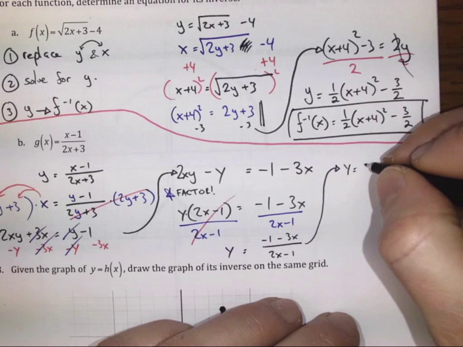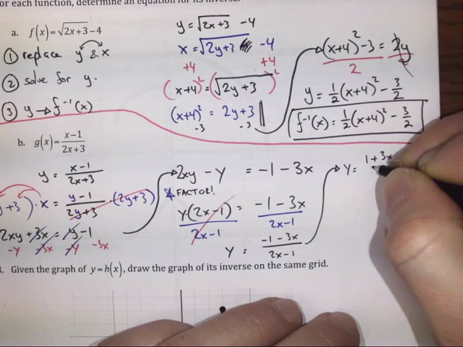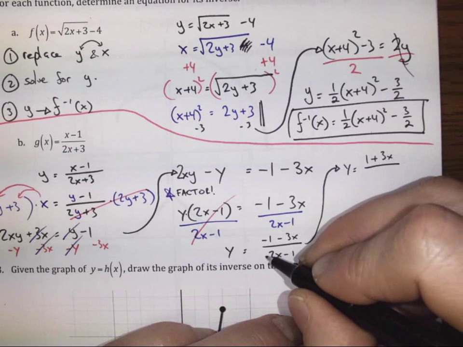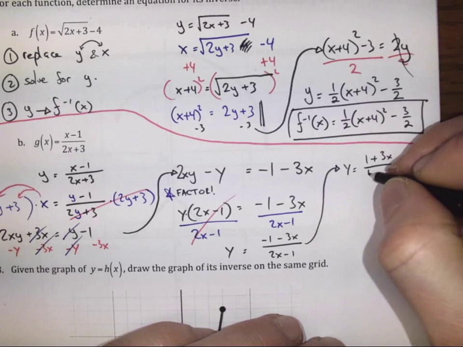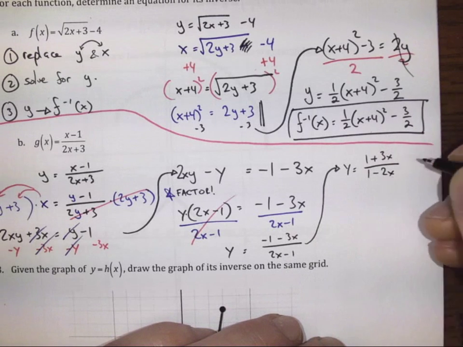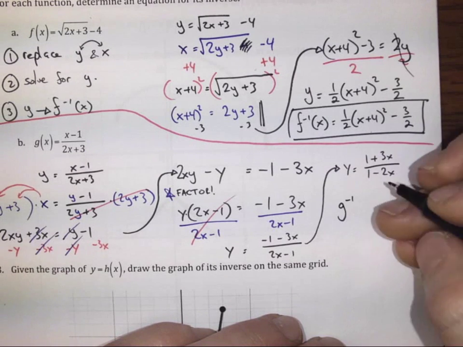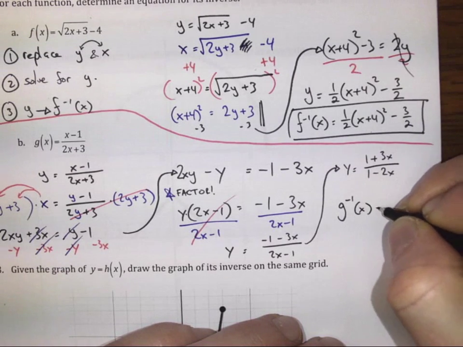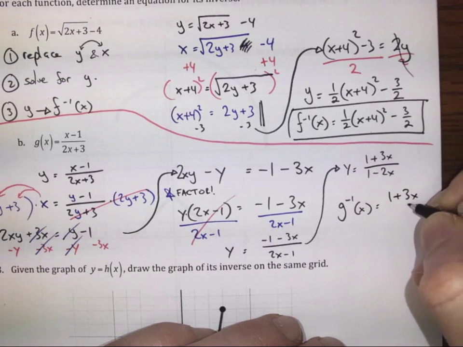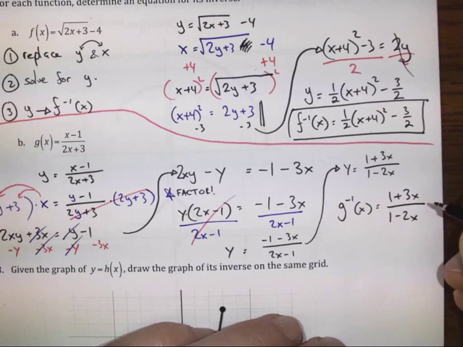So I'm going to multiply that and get 1 plus 3x on the top. And this will become negative 2x plus 1, or 1 minus 2x. And lastly, I should rewrite that as the inverse of g is 1 plus 3x over 1 minus 2x.